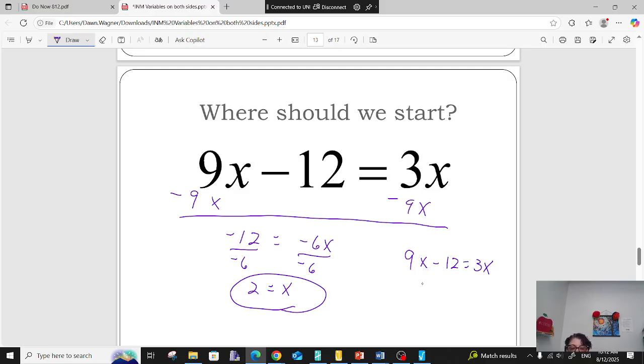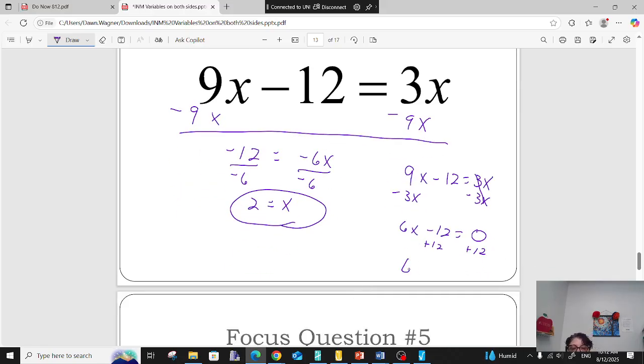But let's say you wanted to bring this 3x over, right? Well, if I bring this 3x over, this becomes 6x minus 12. I can't just leave this as crossed out. What is 3x minus 3x? You would put a 0 here, and then you would add 12, and you would get 6x equals 12.